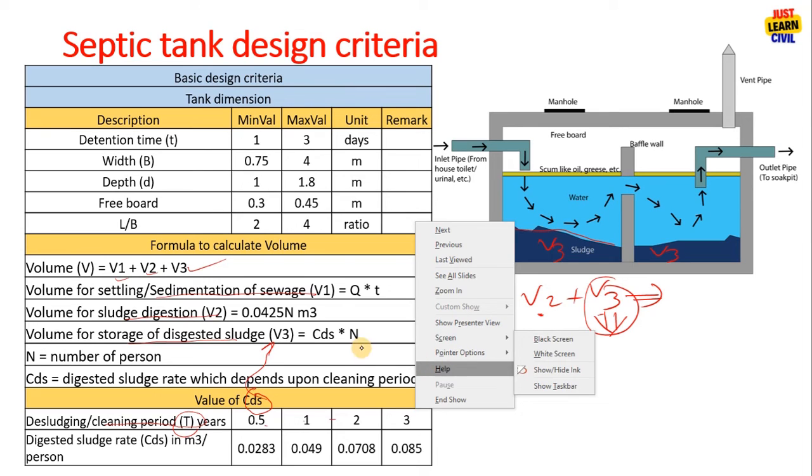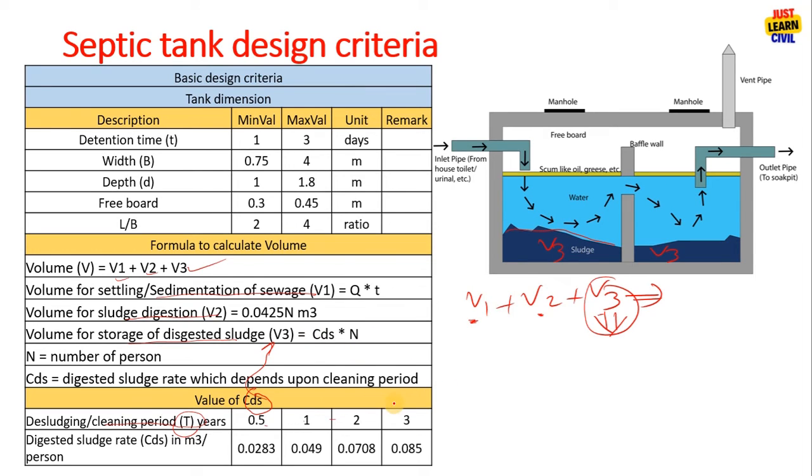It means you have to clean the tank regularly in this period. While cleaning the tank, what you remove from the tank is V3 and this scum. Liquid escapes to the soak pit as usual, but after the cleaning period, you will erase this sludge and scum.